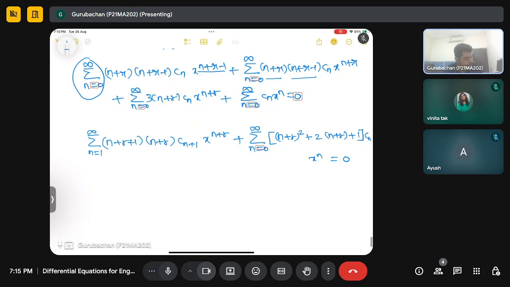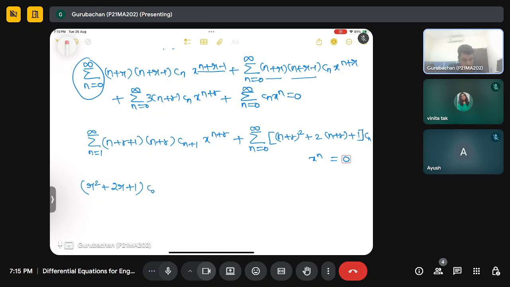So if you put n equal to 0 in this equation, you will get r square plus 2r plus 1. Let me check whether we have written correctly or not.